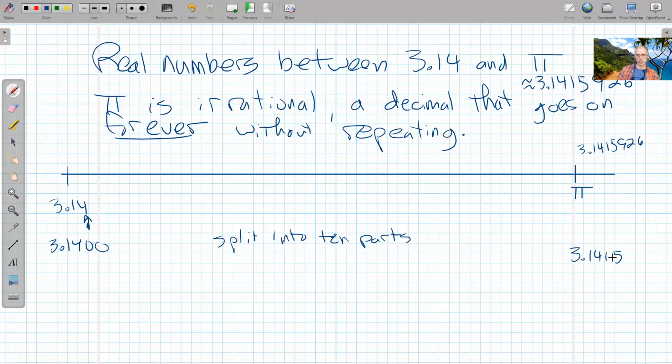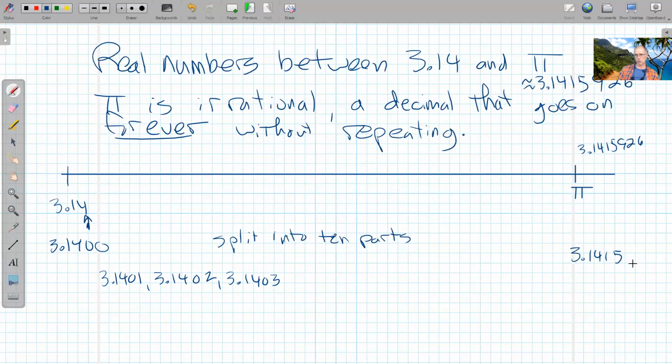So in between here, I could have 3.1401 and 3.1402, leading all the way up to 3.1415, 3.1403, and so on.